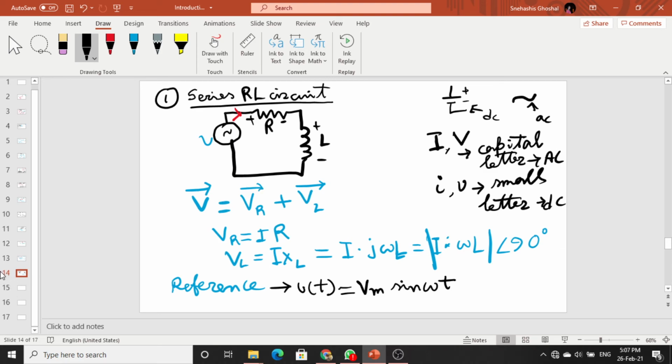Okay. So now this is the scenario. You see that voltage is Vm sine omega t and current is Im sine omega t plus or minus phi, because R and L are there.